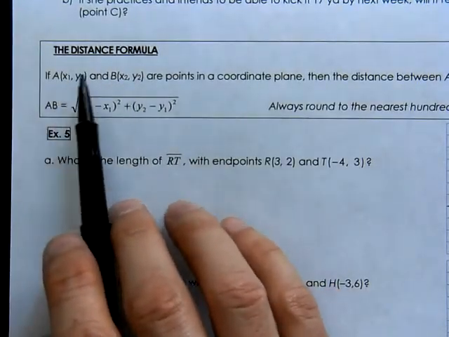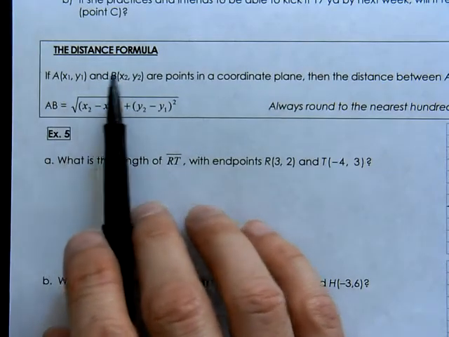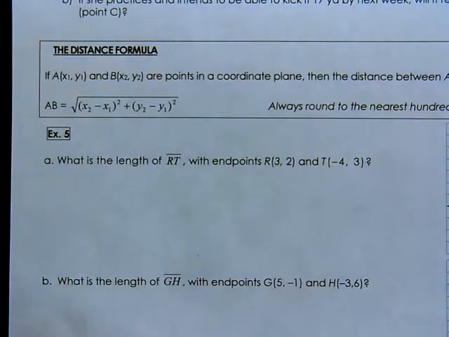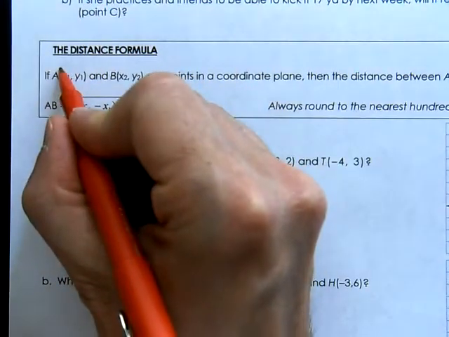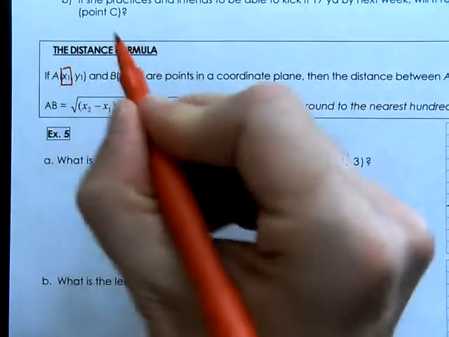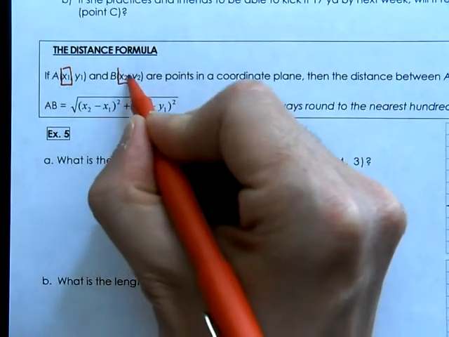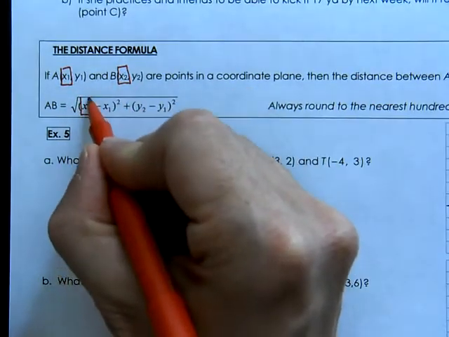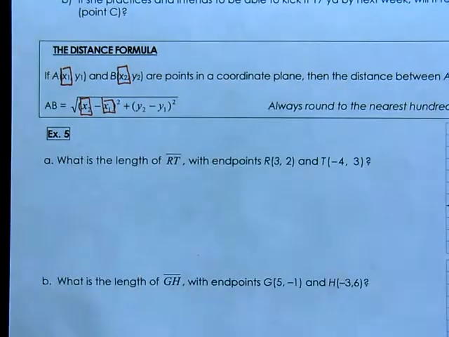And again, to keep the x's separate from each other, we're calling one x sub 1 and the other x sub 2. When we were looking at our midpoint formula, we were color coordinating these, and you could do the same thing here. I'll do an example where I'm also coloring the x coordinates, and notice how we bring those x coordinates together.